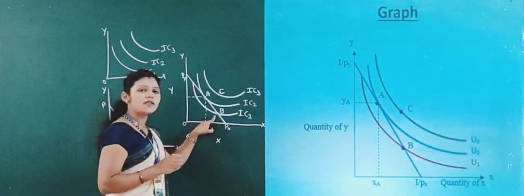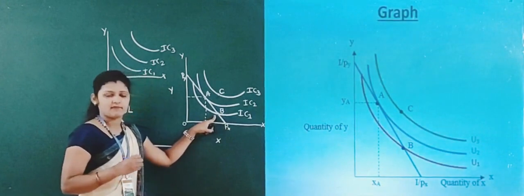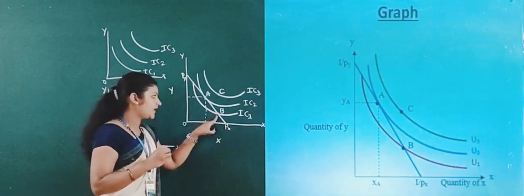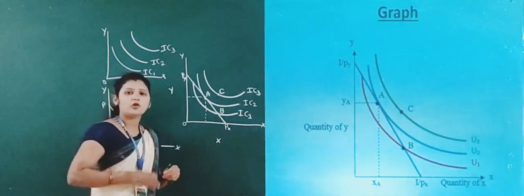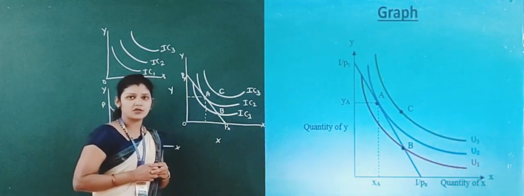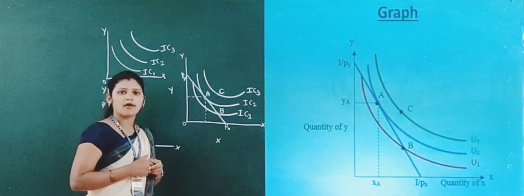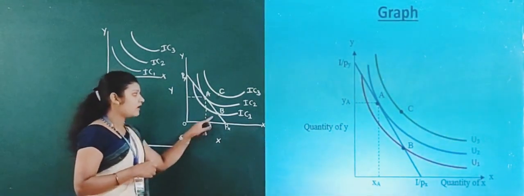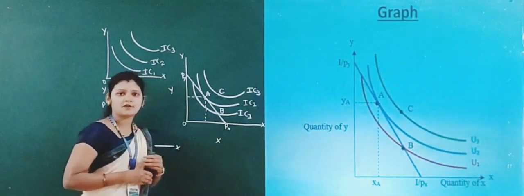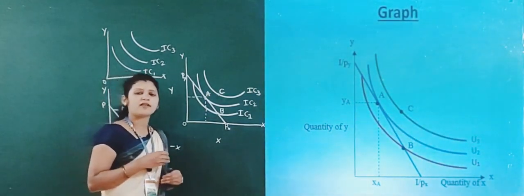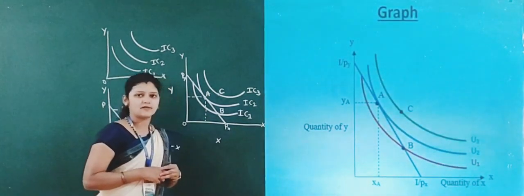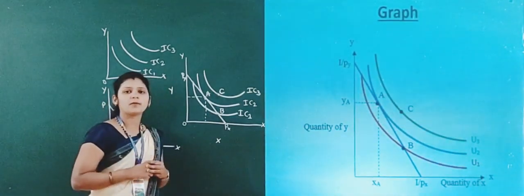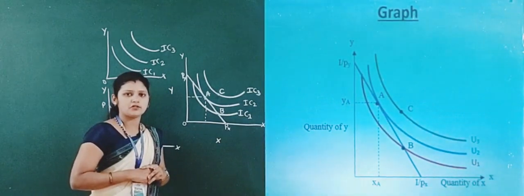Yes, it lies on the budget line, but from this we will get a lower level of satisfaction compared to point A, because it lies on the lower indifference curve. Therefore, point B is not the optimal choice of the consumer.